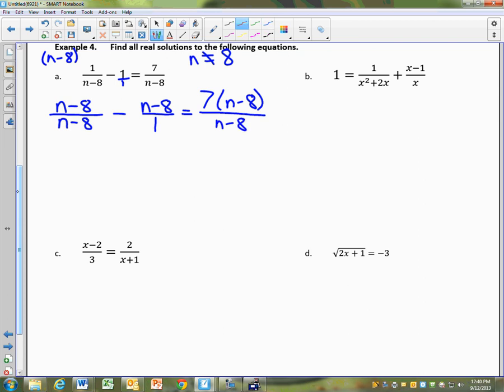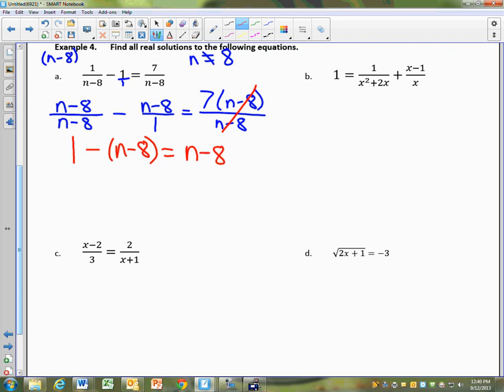That cancels in the first one. That will give me 1. Minus, nothing cancels there, so I just have n minus 8. What cancels in the last one? Look at this equation.